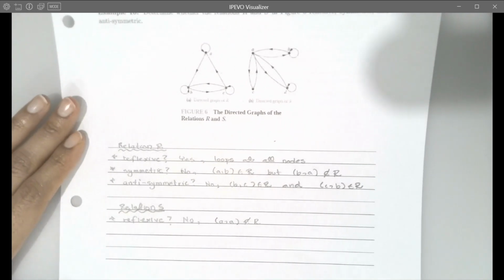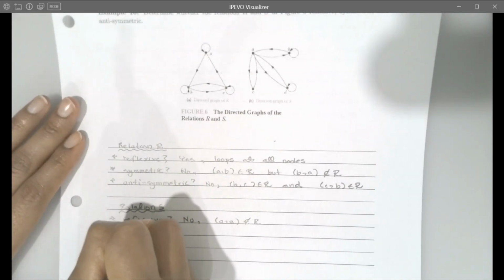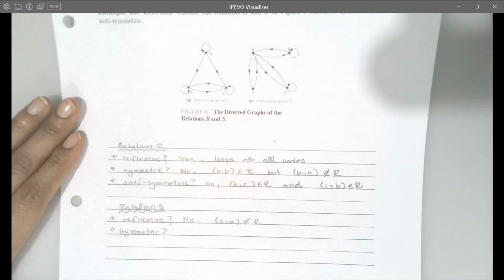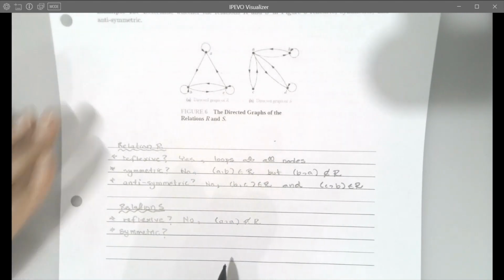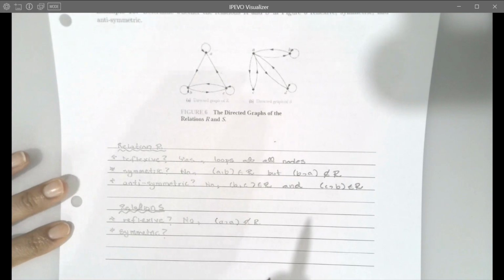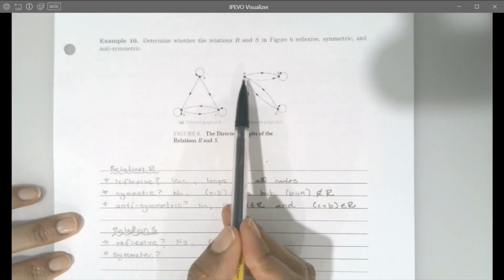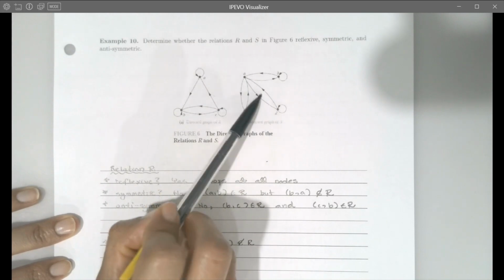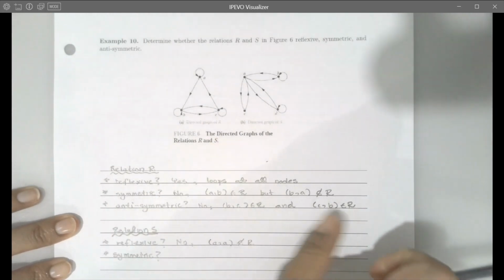Is it symmetric? Well, symmetric again requires that we have two edges between every pair of connected nodes. And in this case, we do see that being the case, right? Between A and B, there are two edges. Between A and D, there are two edges. And between A and C, there are two edges.